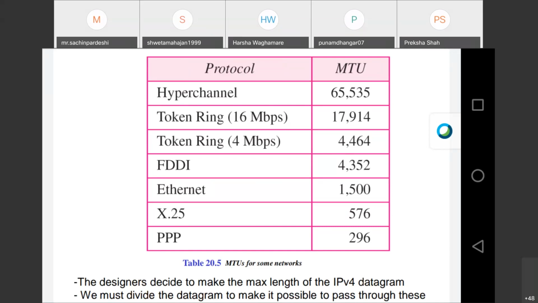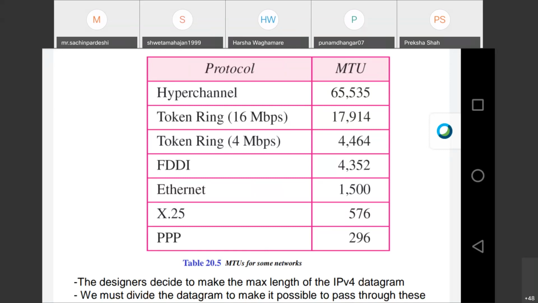But to get efficient, effective data delivery, it was decided to keep the size of the datagram at around 65,530. So that is the maximum size, so that effectively the whole data, or the maximum data, will be delivered to the IPv4.